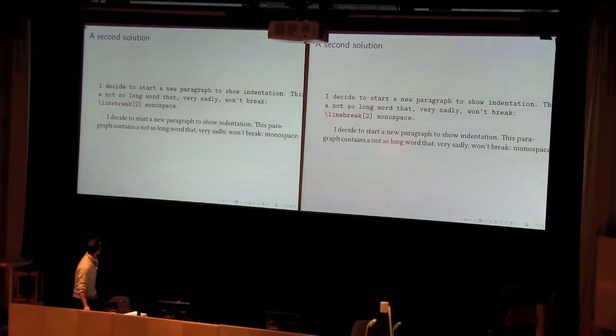So we may want to try this. Okay. I've read the documentation and browsed the web, and I've seen that this line break command is meant to tell LaTeX, okay, now if you want, you can break the line as you want.